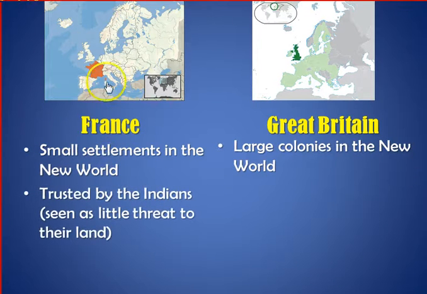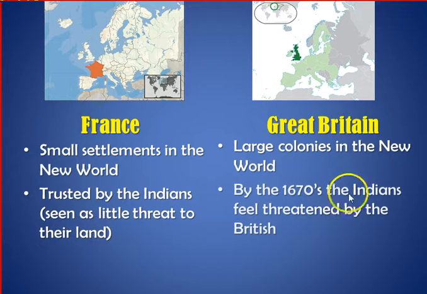So when the French settled, because they just had small settlements, they were trusted by the Indians. They weren't seen as a threat to the Indians' lands. But by the 1670s, the Indians began to feel threatened by the British. The British had taken gigantic areas of land, and the Indians started to feel that the British were just going to take everything from them.